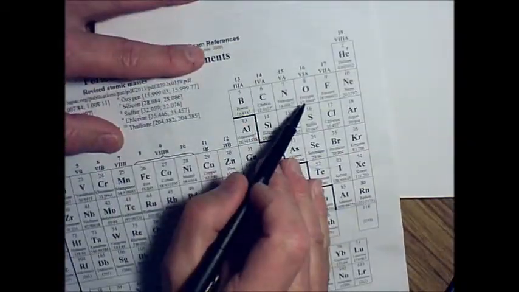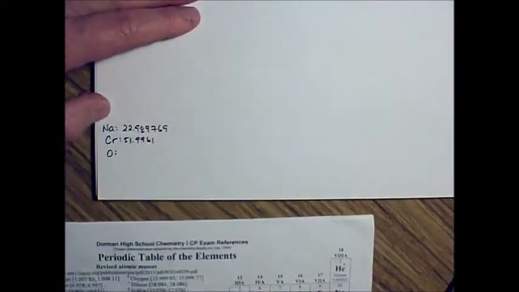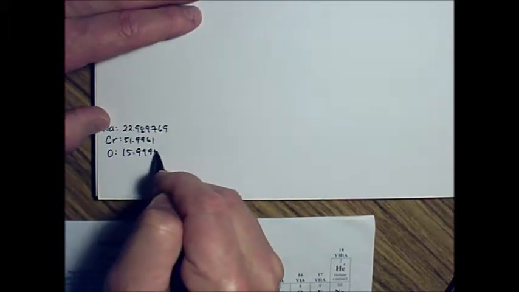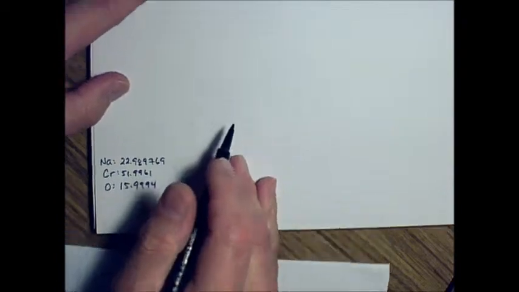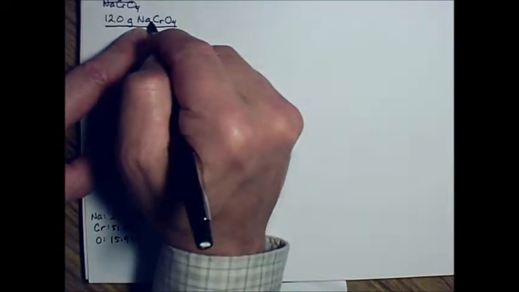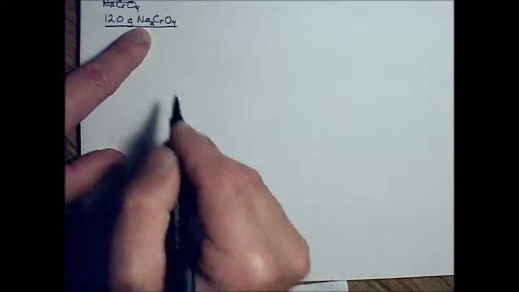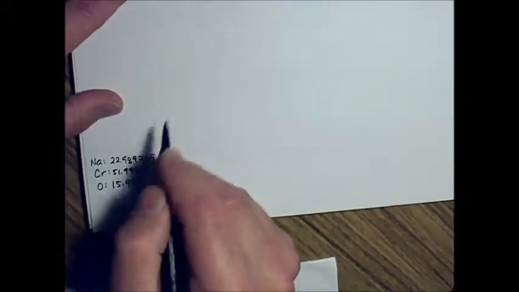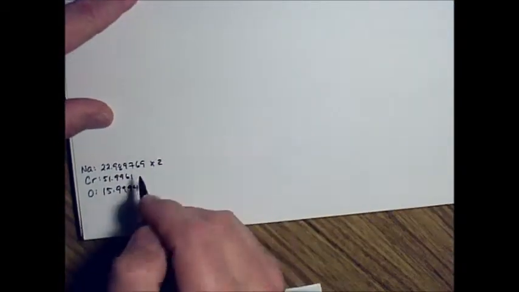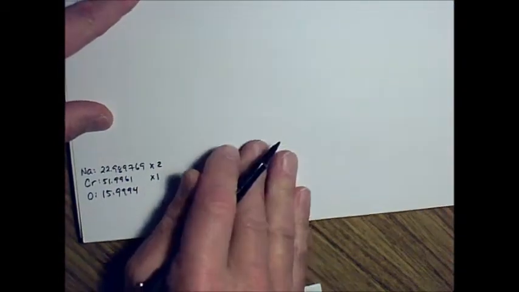Oxygen has an atomic mass of 15.9994. And from the formula up here, I should have 2 sodiums. I didn't put that in there for some reason. I'm going to be careful about that. I've got 2 sodiums, I've got 1 chromium, and I've got 4 oxygens.